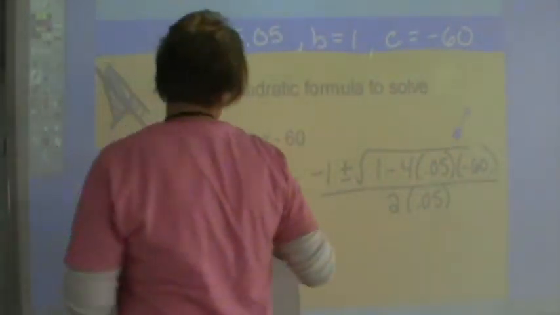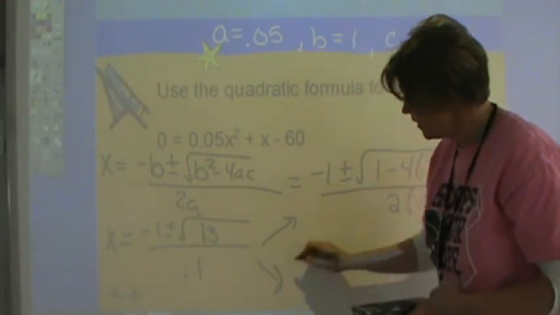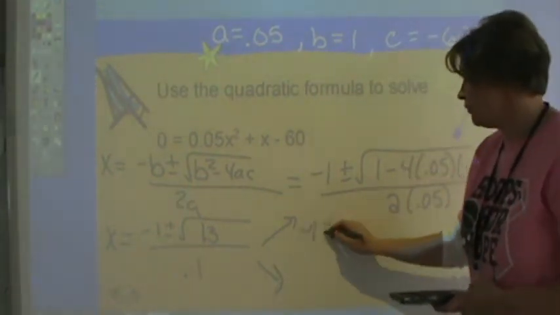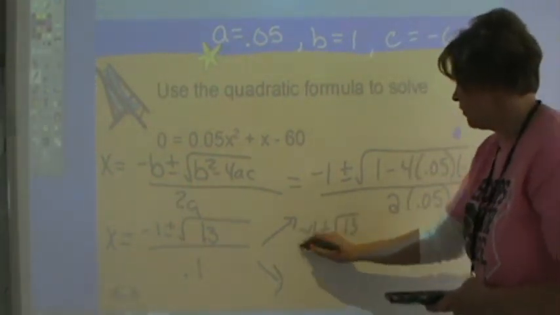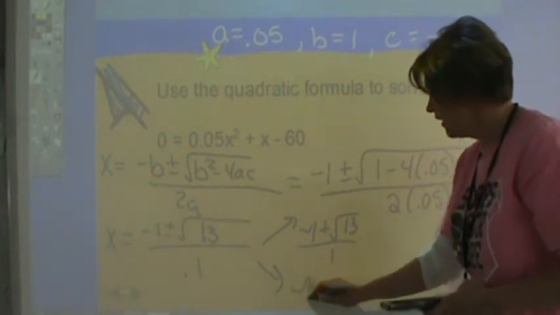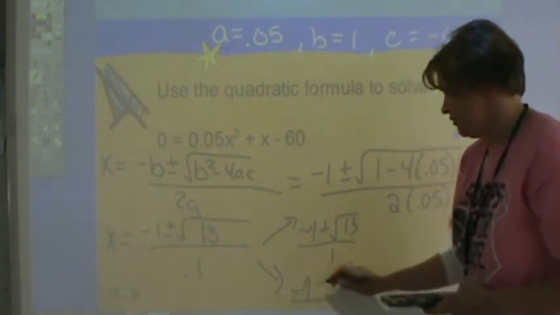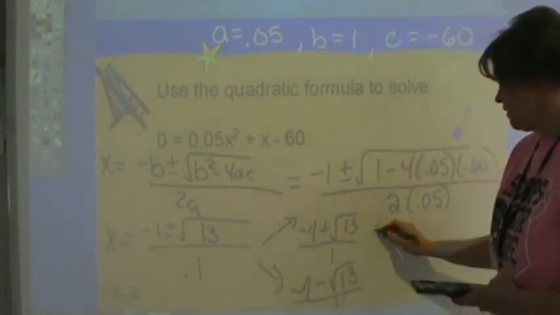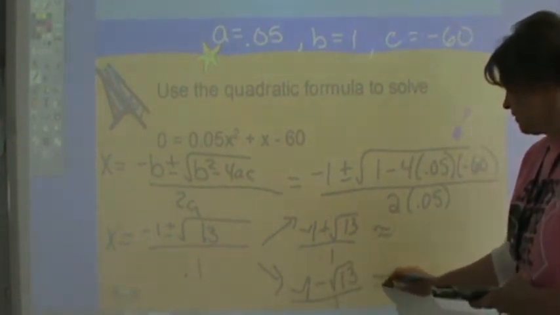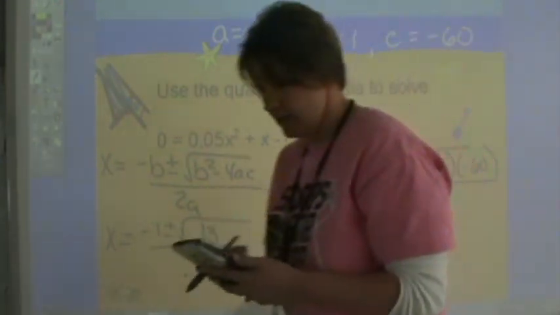Then we split it. We either have negative 1 plus the square root of 13 over 0.1, or negative 1 minus the square root of 13 all over 0.1. Then we just put that in the calculator again. I'll show you what I'm doing.